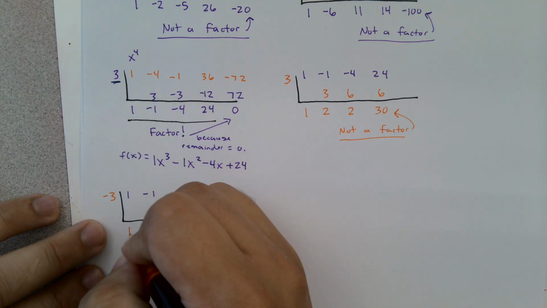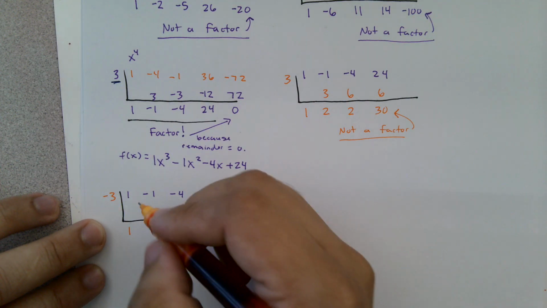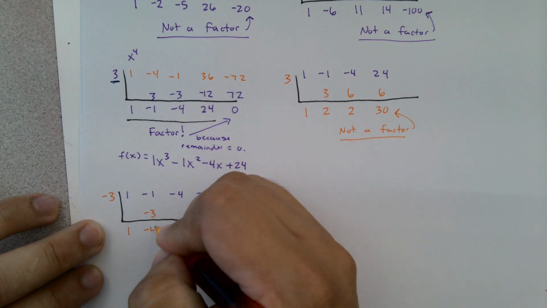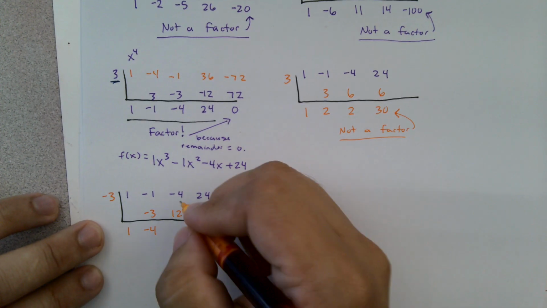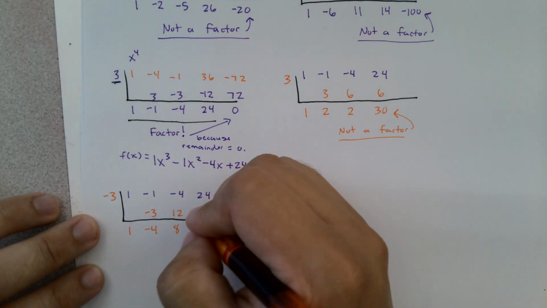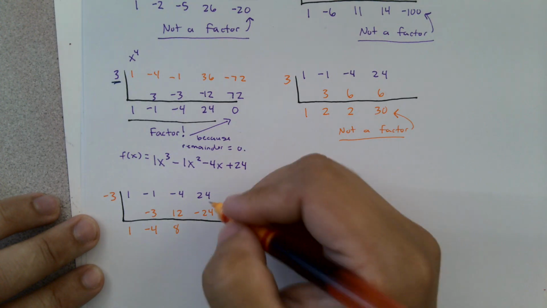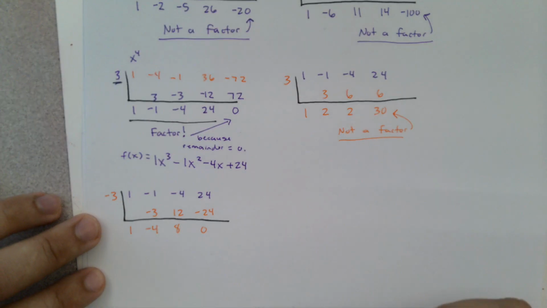Bring the 1 down. 1. -3 times 1 is -3. -1 minus 3 is -4. -3 times -4 is 12. -4 plus 12 is 8. 8 times -3 is -24. And 24 minus 24 is 0.